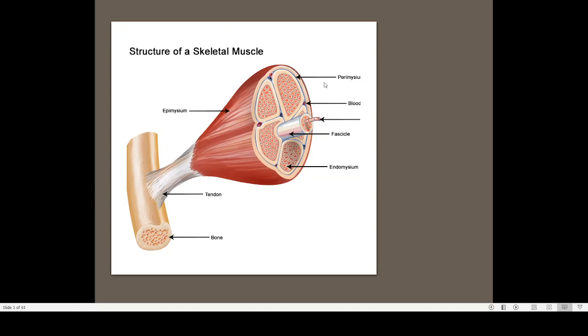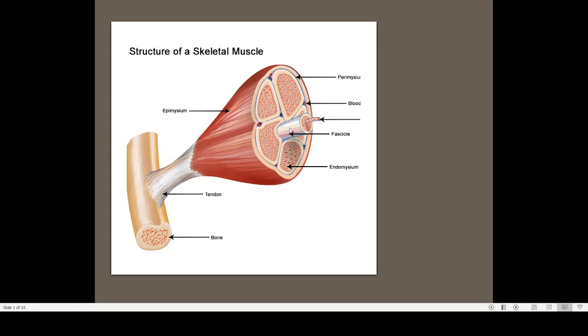Now if we look at the inner structure of the epimysium, we can find a bundle of structures. See, this is one bundle, this is another bundle, this is another bundle, and these muscle bundles are called fascicles or muscle fascicles. Here we can find 1, 2, 3, 4, 5, 6 fascicles.